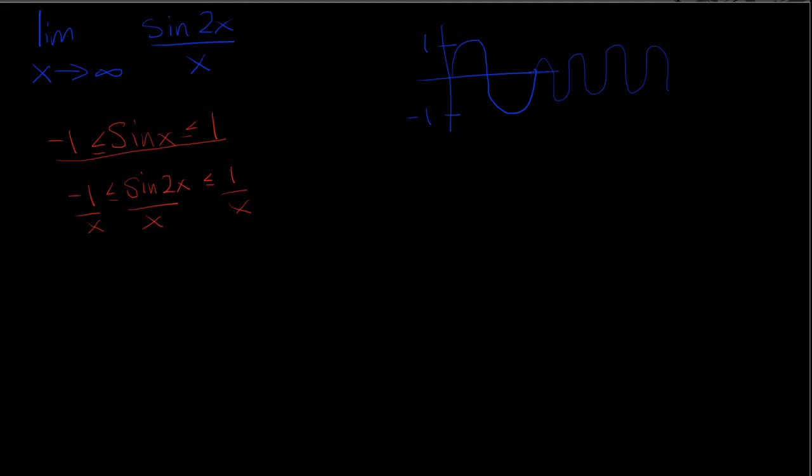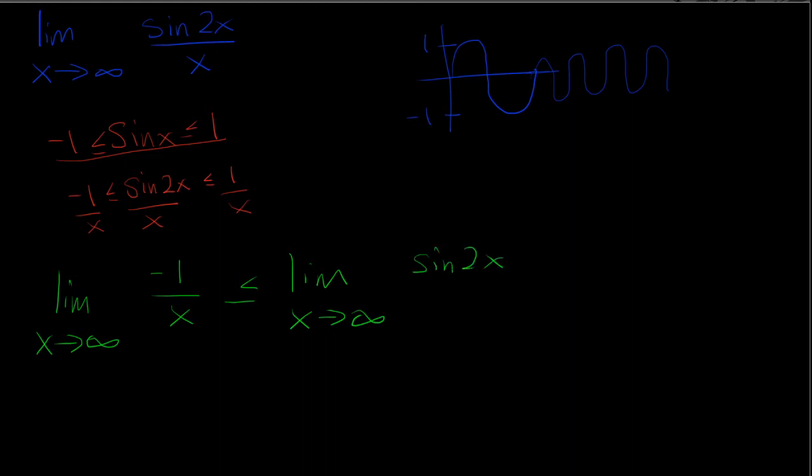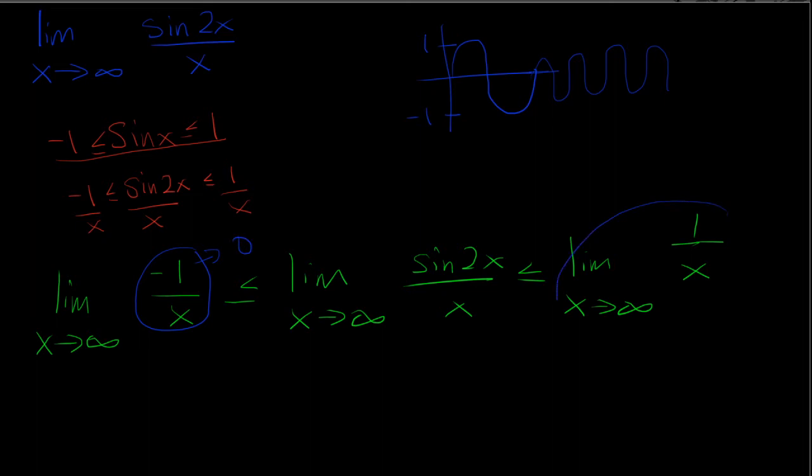And now if I take the limit as x approaches infinity for all of these, just rewriting this, I see that -1 over x goes to 0, and 1 over x also goes to 0.